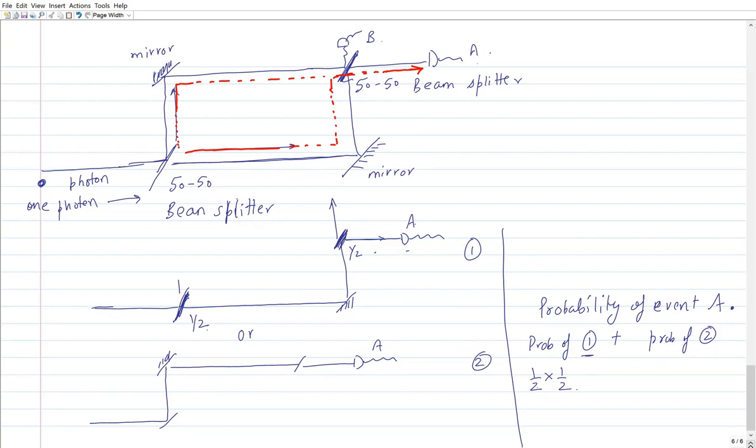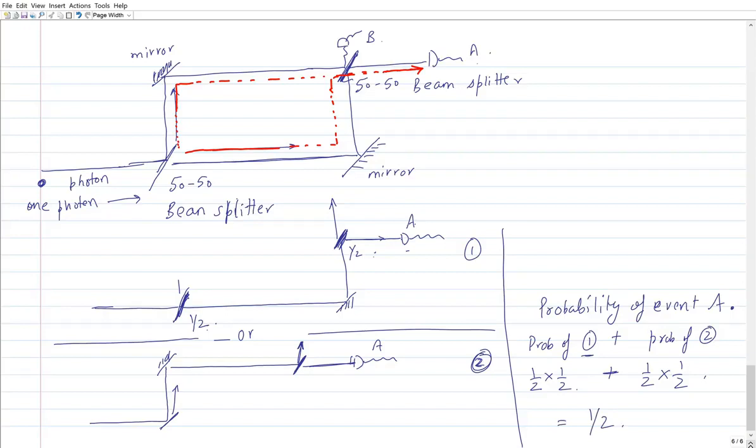So when I have a process that can be broken down, the probability is going to be this event and this event multiplied. Similarly, for event 2 to occur, I have a half-half probability of going this way, and again a half-half probability of not taking this path but taking this path, which gives me a quarter.